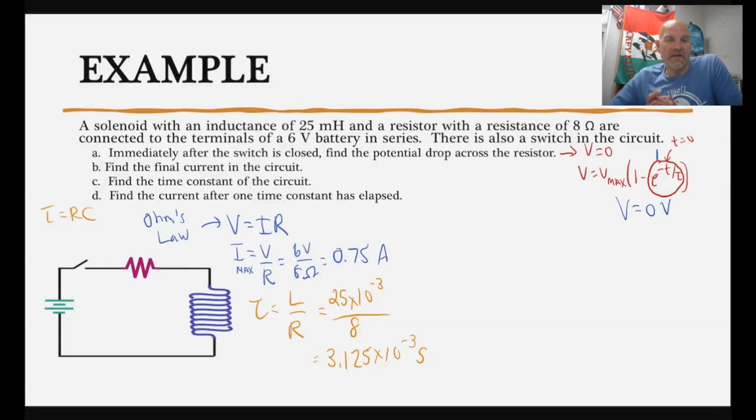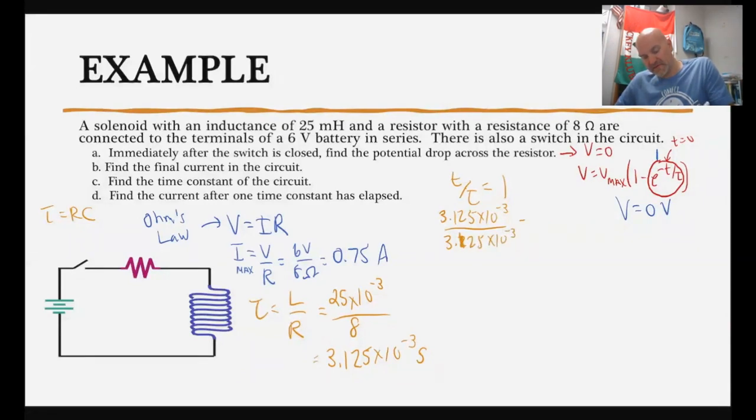All right. Part D says find the current after one time constant has elapsed. So what that is saying is that our t over tau is equal to 1, because we're going to do 3.125 times 10 to the -3 seconds, and we're going to divide that by our time constant, which is 3.125 times 10 to the -3. So the exponent is just going to be equal to 1.